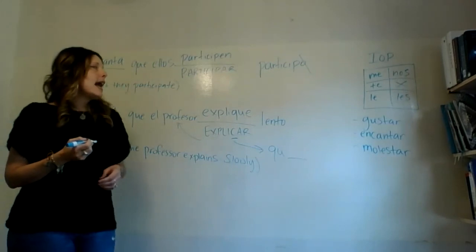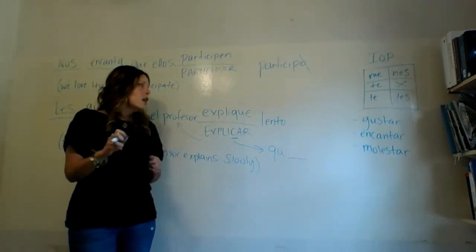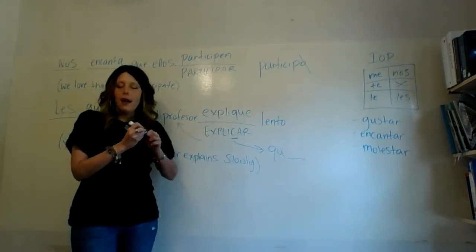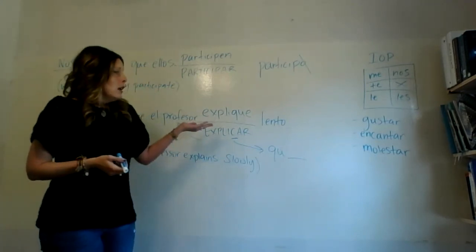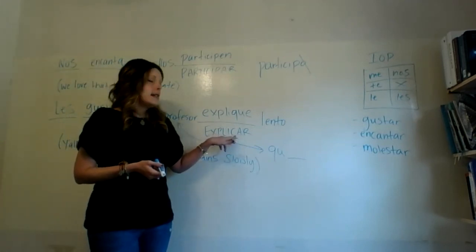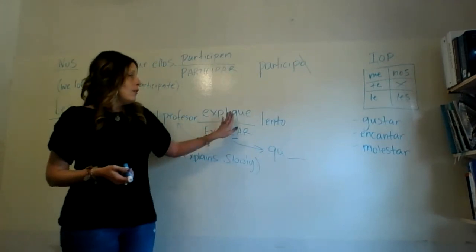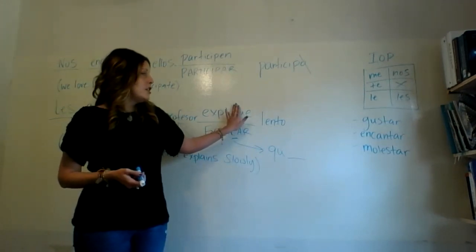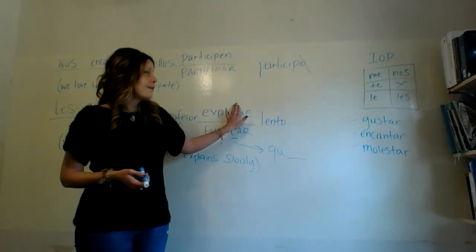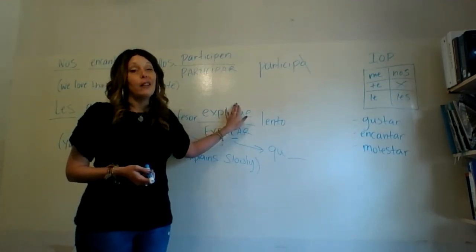Explique. So once again, remember that if we had just done this and we had not accounted for the fact that it is a car verb, that the C needs to change to a QU, we would have forgotten to change this to QU and it would have been a C underneath there, and that would be wrong.